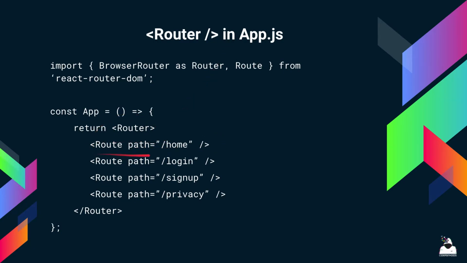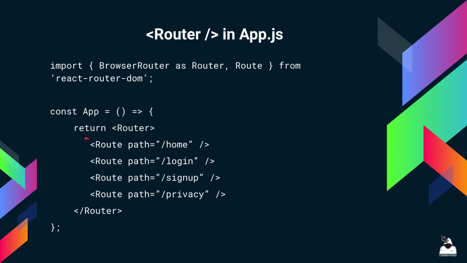So in every route, you will define the matcher, what we call the matcher, for the path that you want to match. In this case, this is our app component, and inside of our app component we want to use a router.